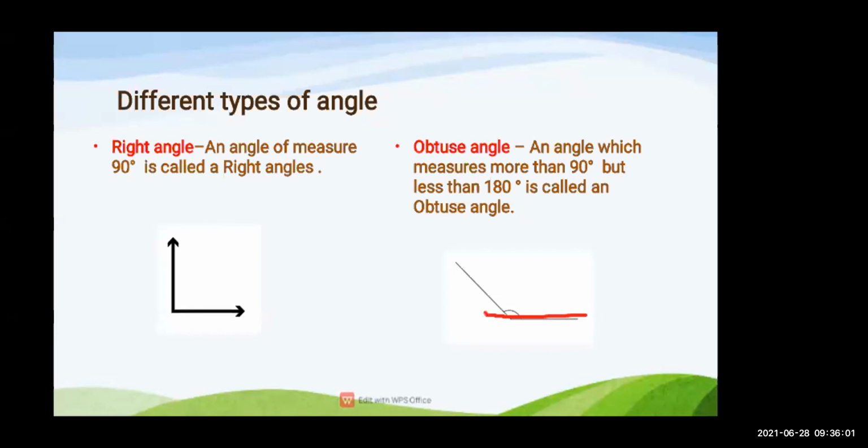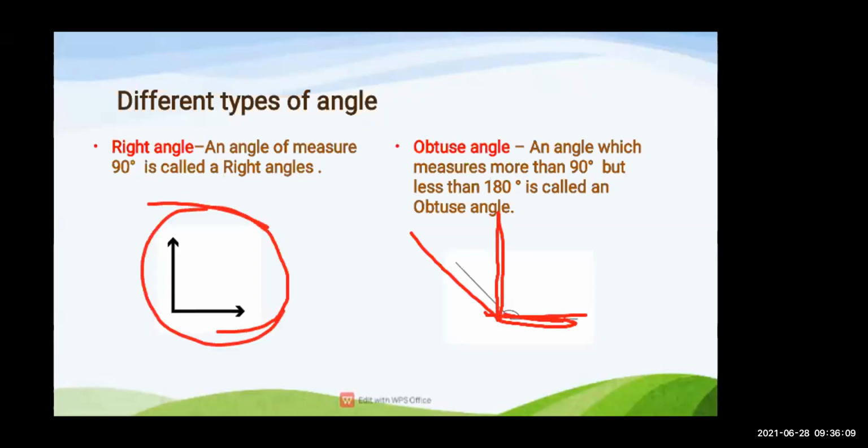See, exactly 90 means it should be straight, showing the 90 degree. But here it is shown more than 90. So it is an obtuse angle, showing more than 90 degree.